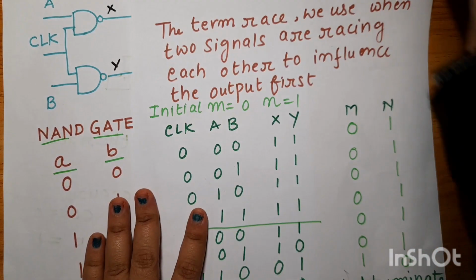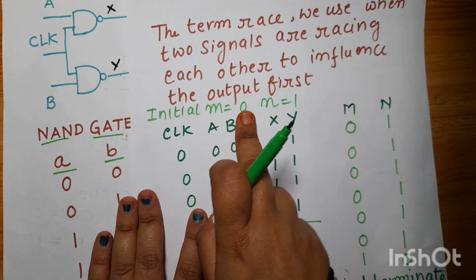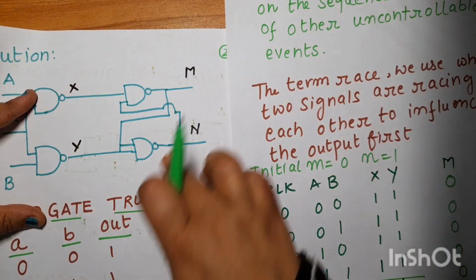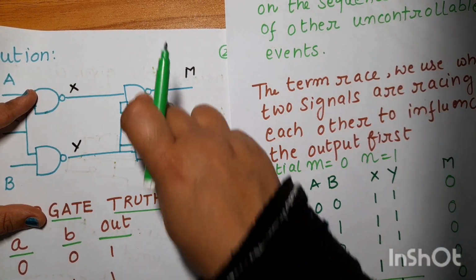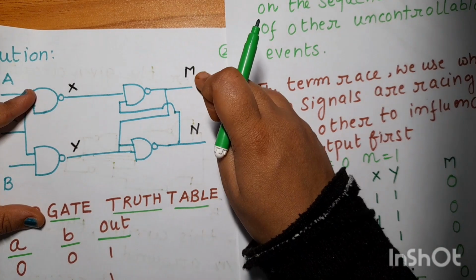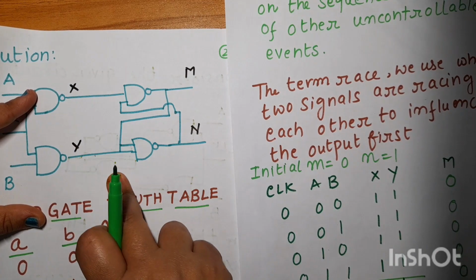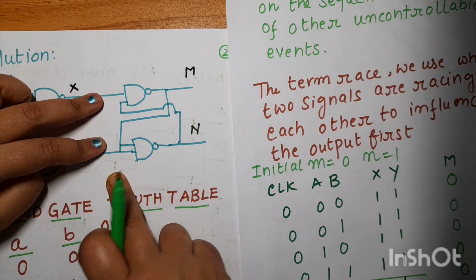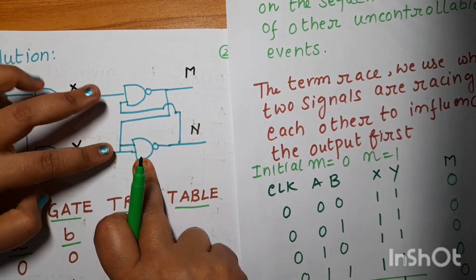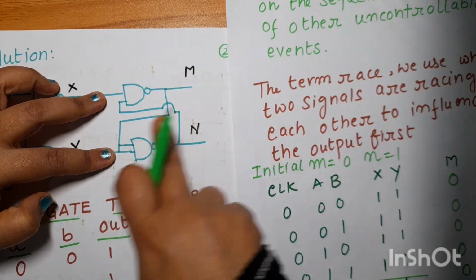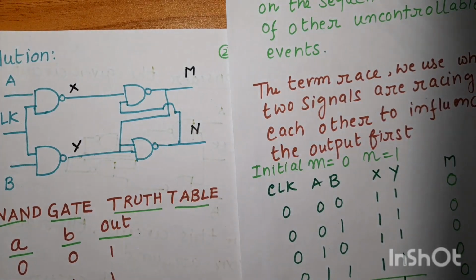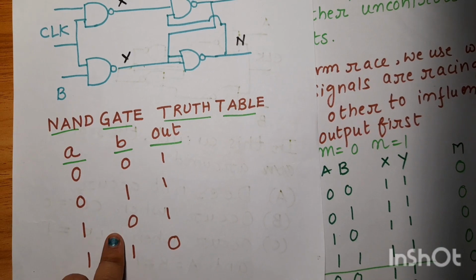Now M and N, that is the output value. Initial value is 0 and 1. Now for this particular two cross coupled NAND gate, initial value of M is 0 and N is 1. When X and Y are 1, 1, at that point of time, one of the inputs of both the NAND gates are 1. Now M is 0, and N is 1.